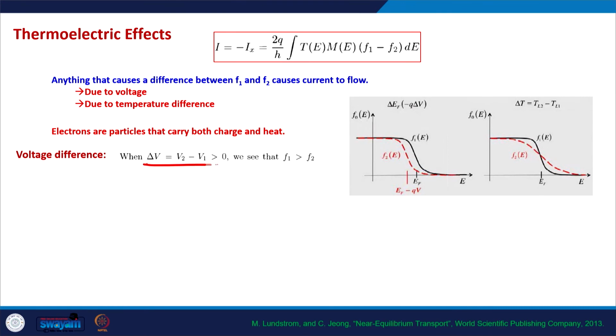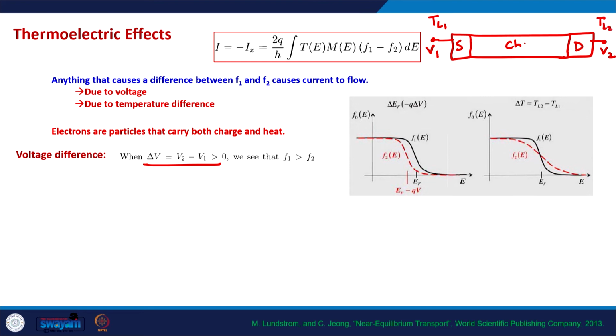Okay. So, because of the voltage difference delta V, let us draw this conductor again. We have a source, we have a drain, we have a channel, and let us say this is at V1 voltage, this is at V2 voltage, this is at TL1 temperature, this is at TL2 temperature.